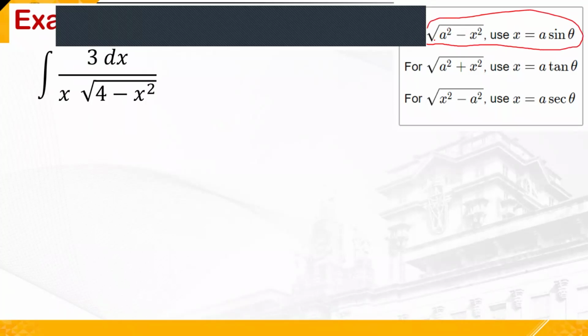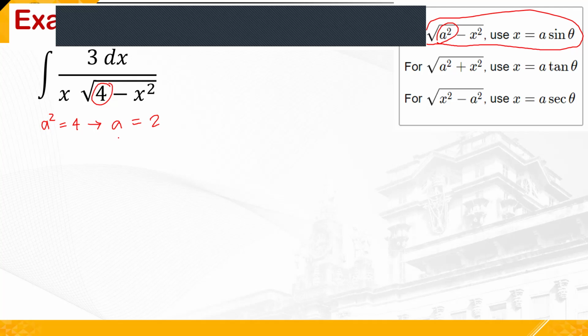So, identify nga natin what is our a squared. Our a squared is 4. Okay? So, our a squared equals 4. That means the a equals 2. Okay. Tapos, anong gagawin natin?